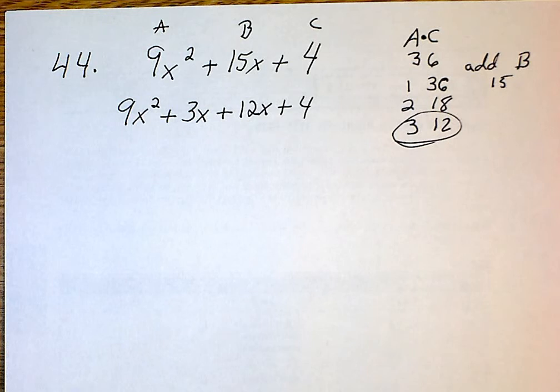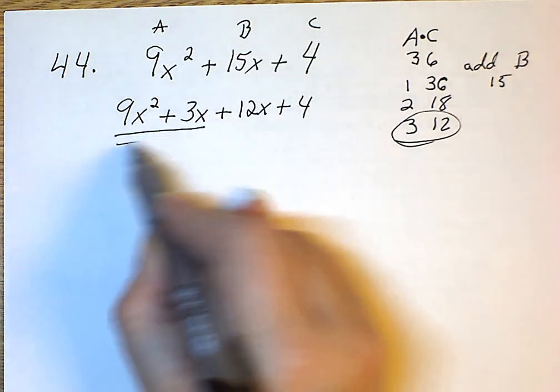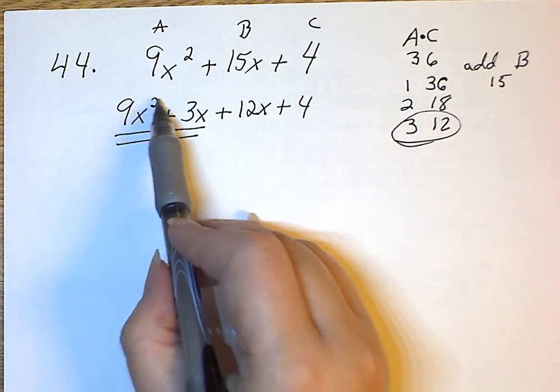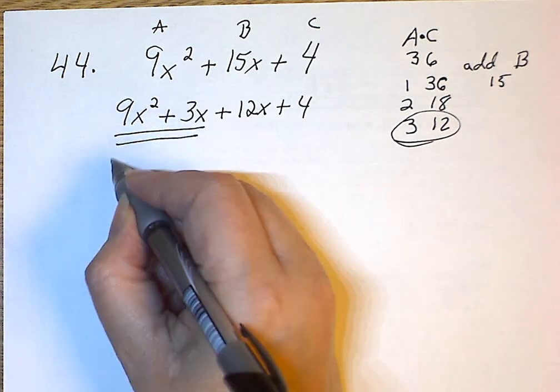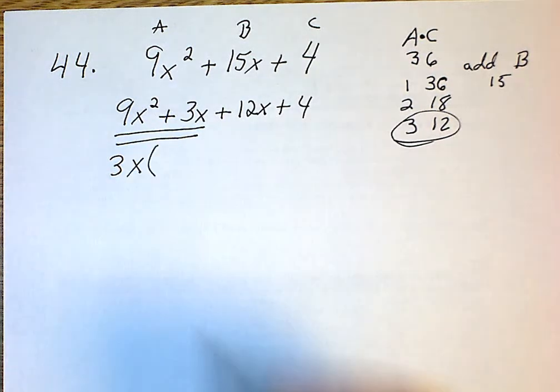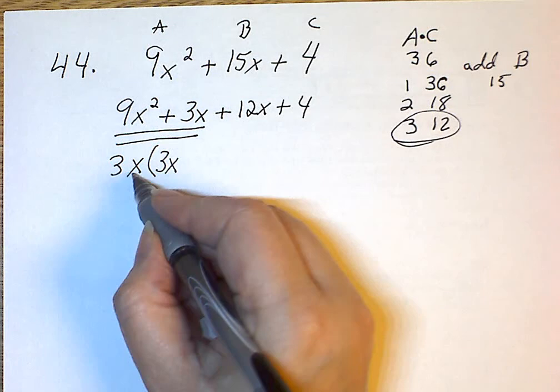What's my next step? Finding out what's in common with the first 2. So what's the most that you can take out of 9x squared and 3x? So we're going to take out a 3 and a x. 3x times what gives me 9x squared? 3x. 3x times what gives me 3x?